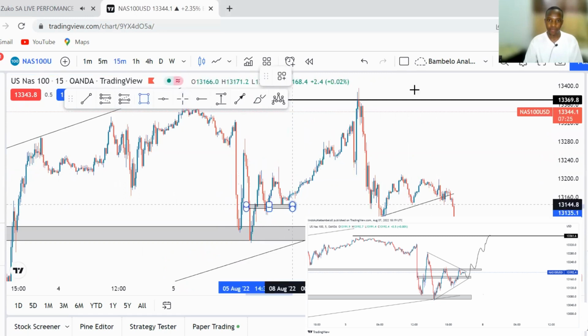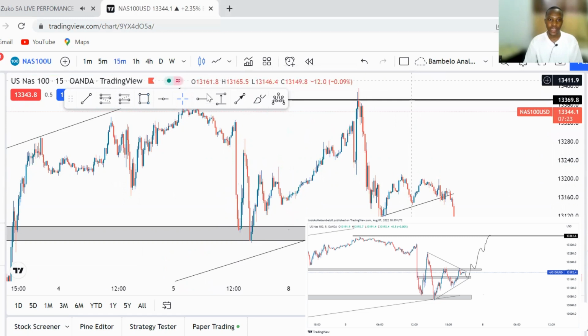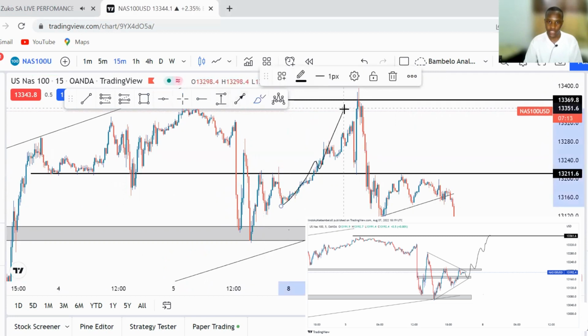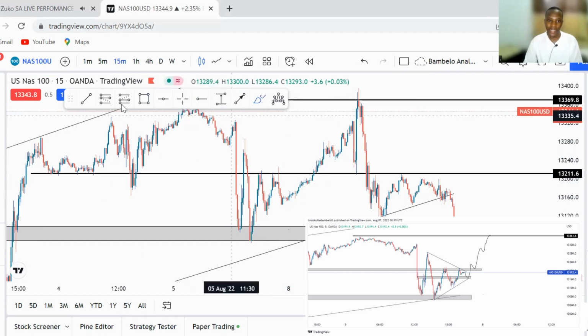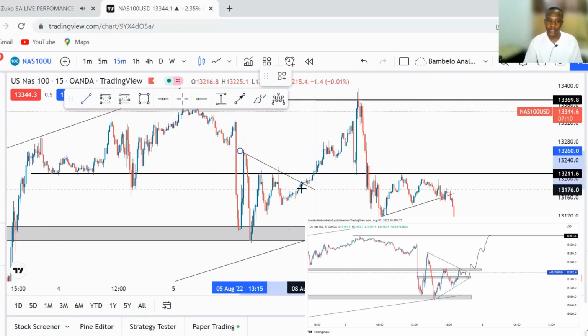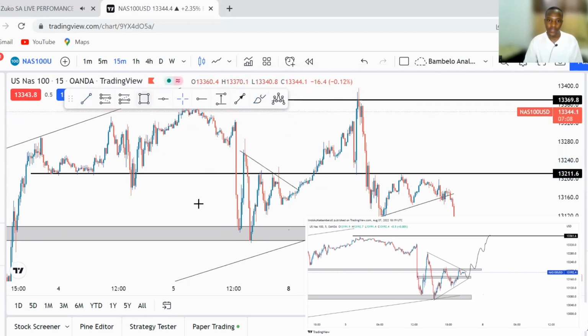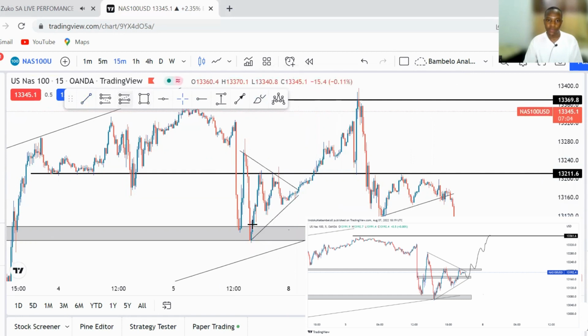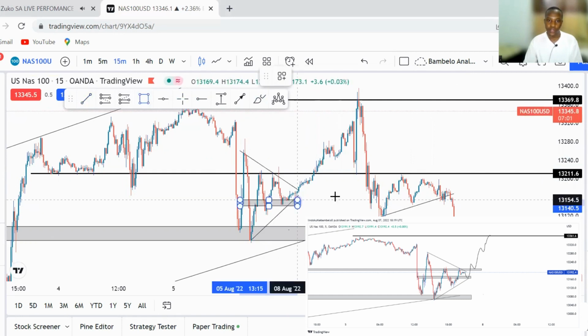I said, okay, if NAS breaks above the support level, that is when I was going to start looking for buying opportunities, because we had something like a triangle, and then I also had this minor support level that you see over here.